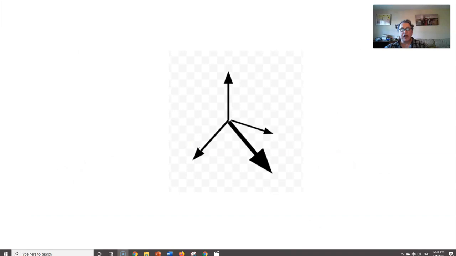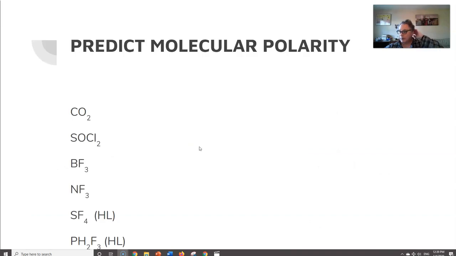Now, what you're going to do for homework, you are going to determine whether each of these molecules has a molecular dipole moment or not. In other words, whether each of these molecules is a polar molecule or a non-polar molecule by analyzing the bonding, by looking at the electronegativity difference, and by looking at the geometry. So there's a lot going on here. All right?